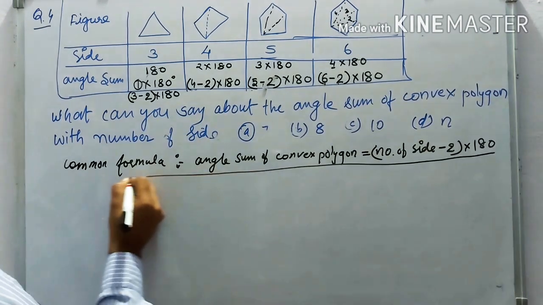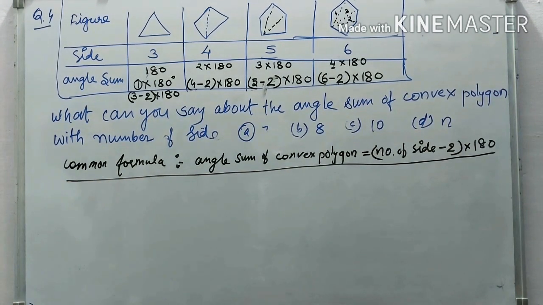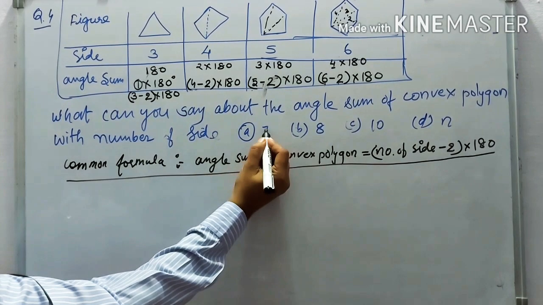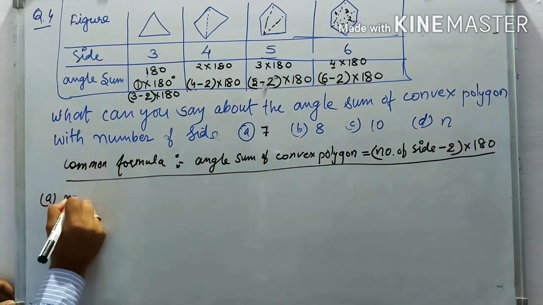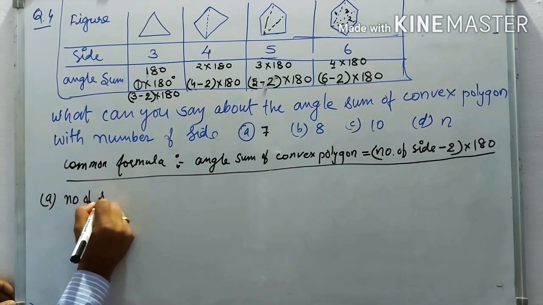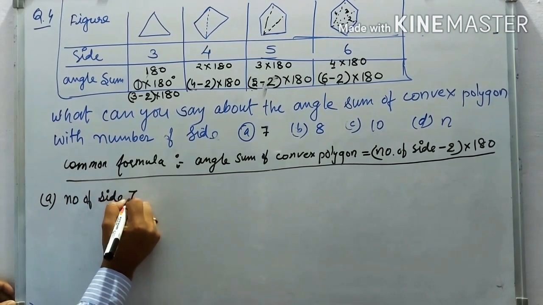It is the common formula to find the angle sum of a convex polygon. Now you find: first is 7. So the number of sides is 7.